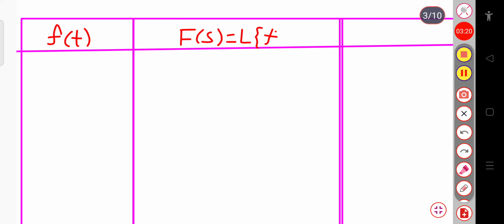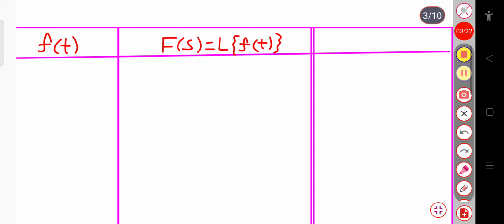In the next column, this will be the Laplace inverse of F of s, which will be equal to f of t. So obviously this will be f of t.